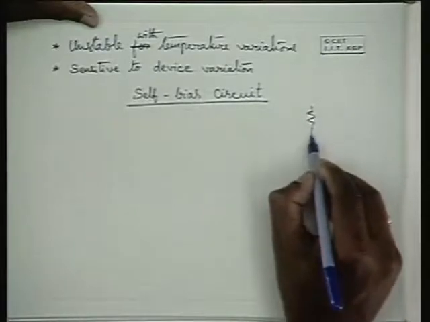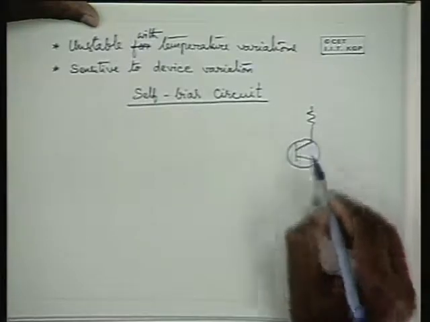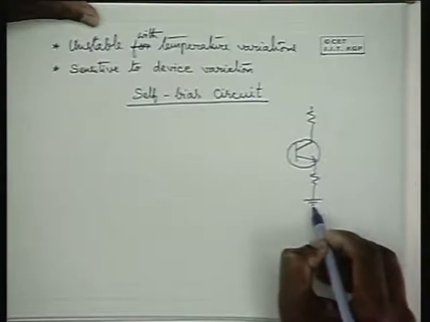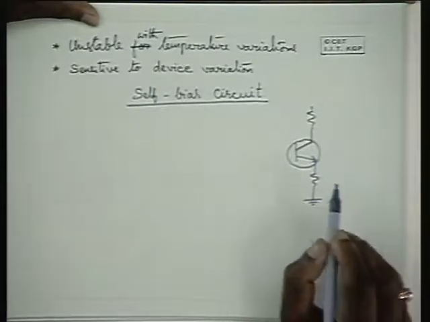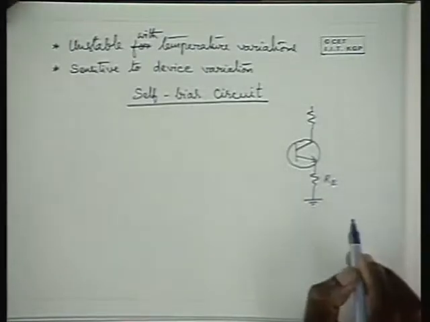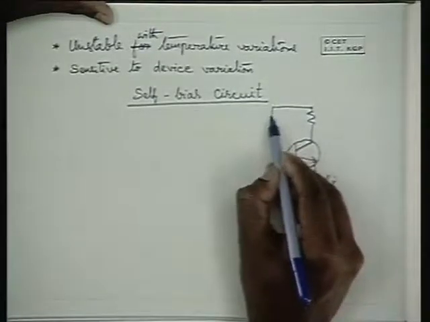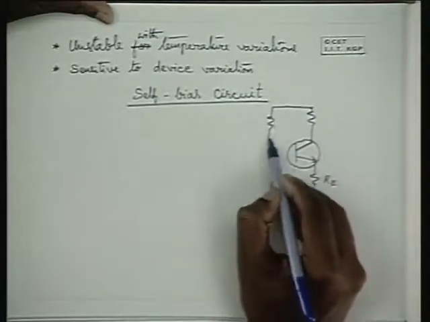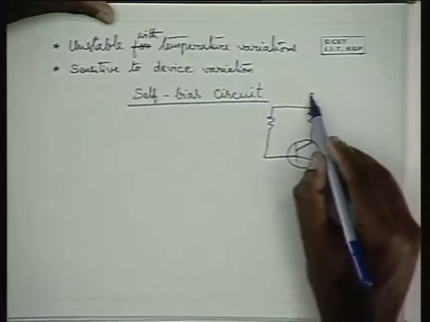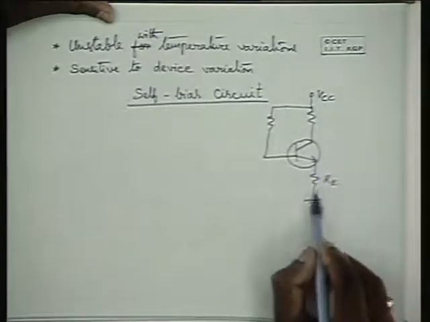So let us look at the self-biased circuit. It is similar to the fixed bias circuit, but it uses another resistance in the emitter. It can be driven by a single resistance supplying the base current, like in the fixed bias circuit, but it uses an emitter resistance.